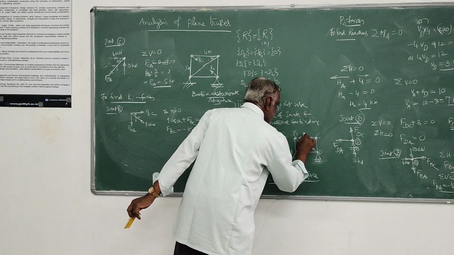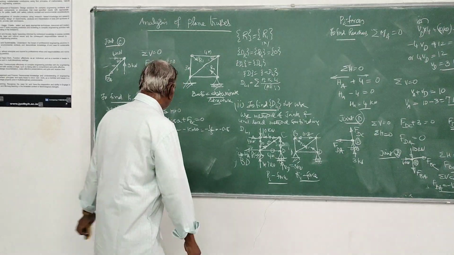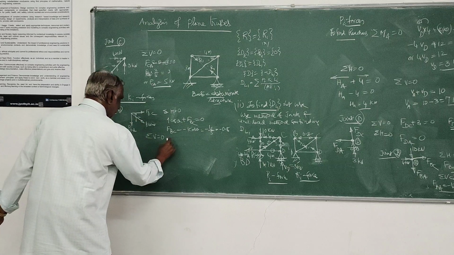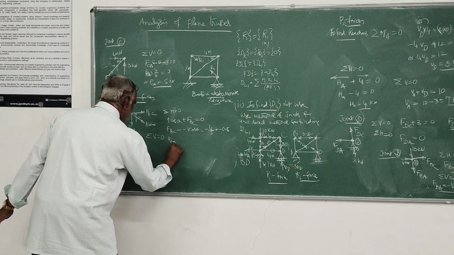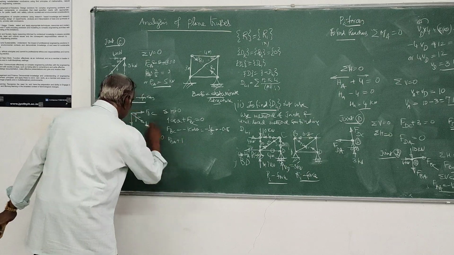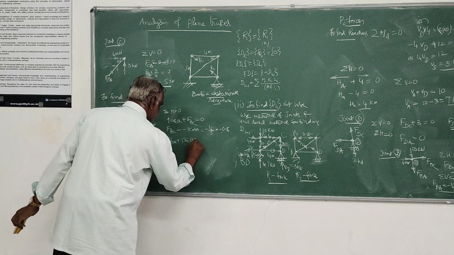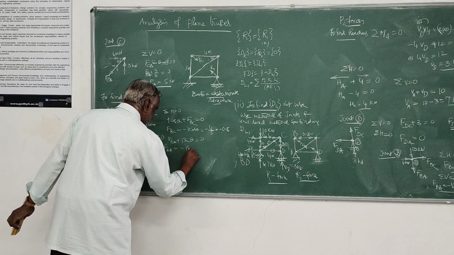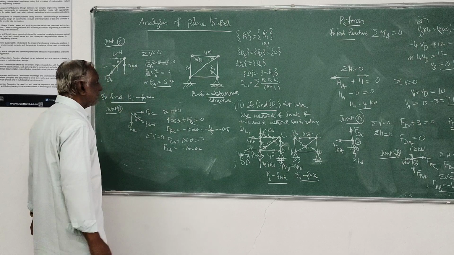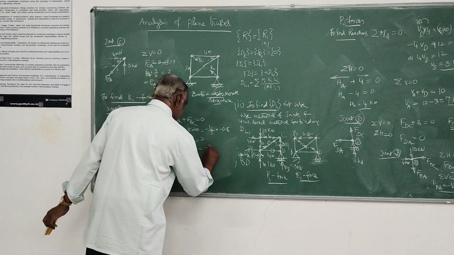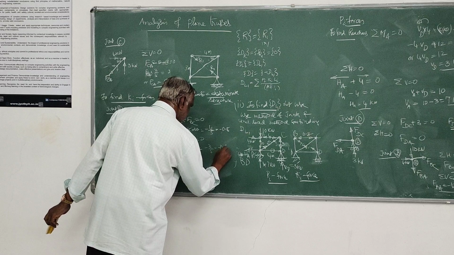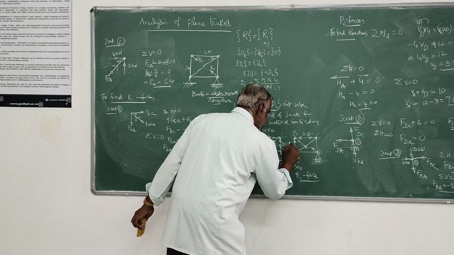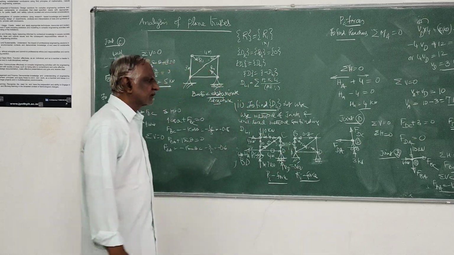Here it is 0.8. Next, if I take sigma V equals 0, then on same lines, FBA plus 1 sin theta is equal to 0 or FBA is minus 1 sin theta. Sin theta is 3 by 5, that is minus 3 by 5, it is minus 0.6. Minus means this direction, I have to reverse, it is 0.6.